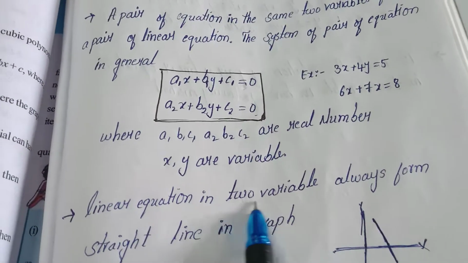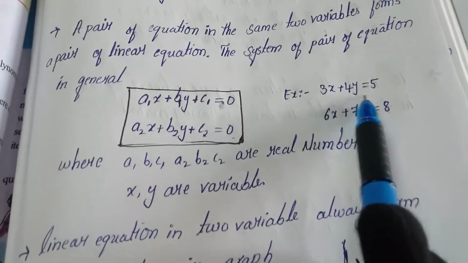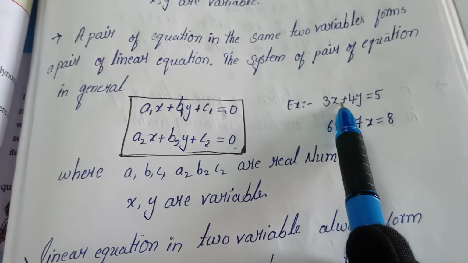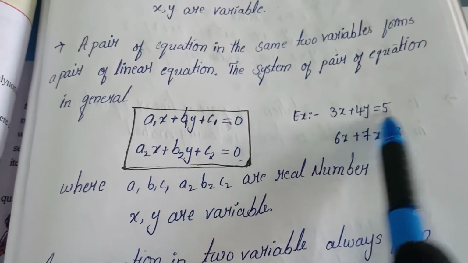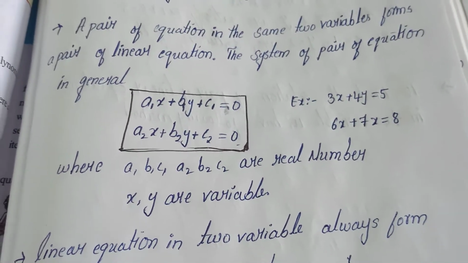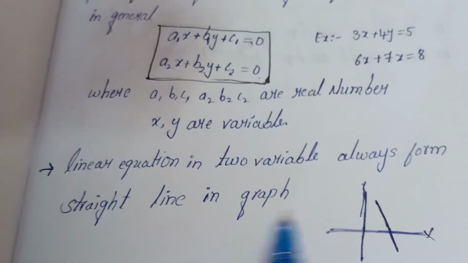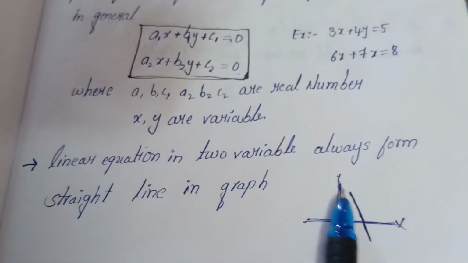A linear equation in two variables always forms a straight line. If we solve this equation by taking x equals 1, x equals 2, x equals 3, we get the y values. Always a linear equation in two variables forms a straight line in a graph.